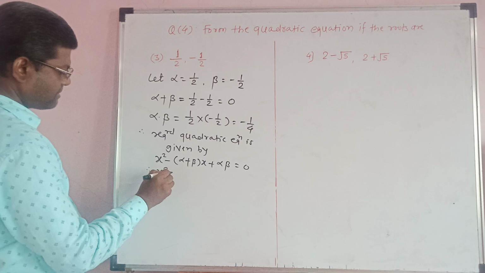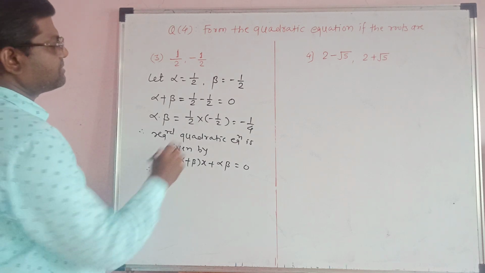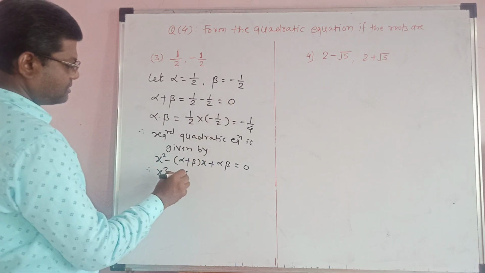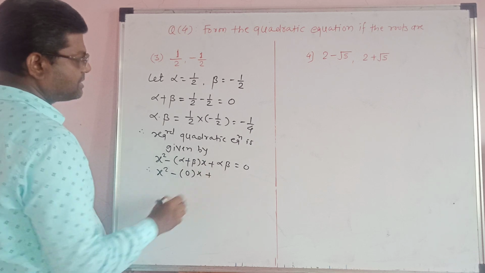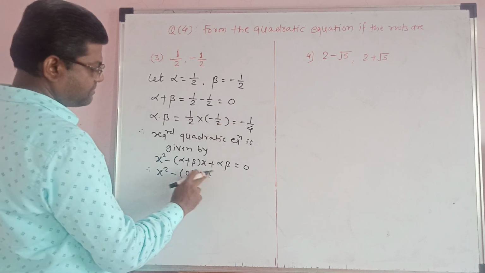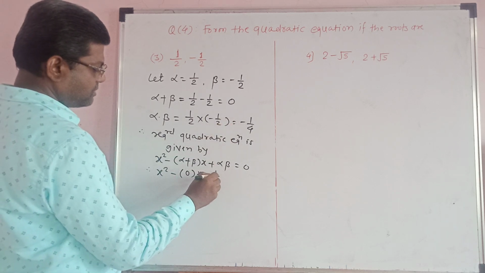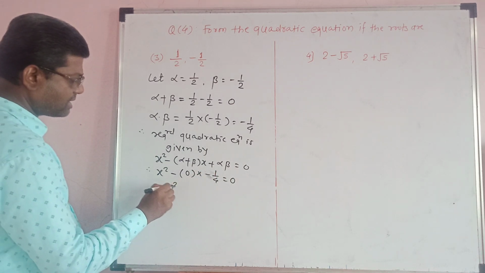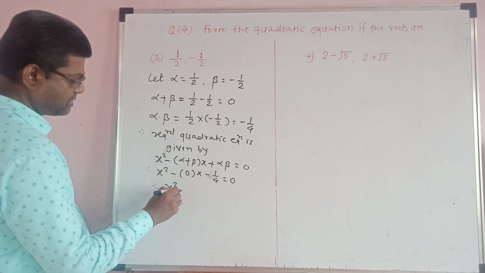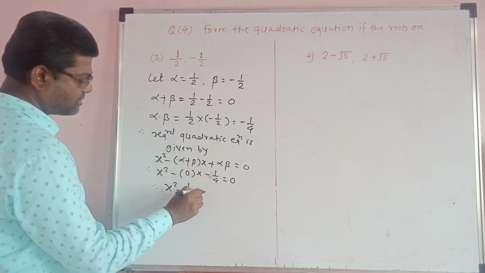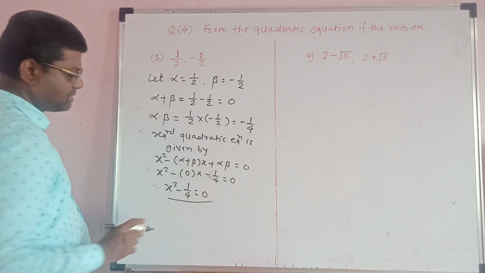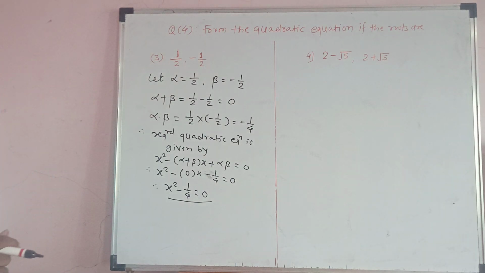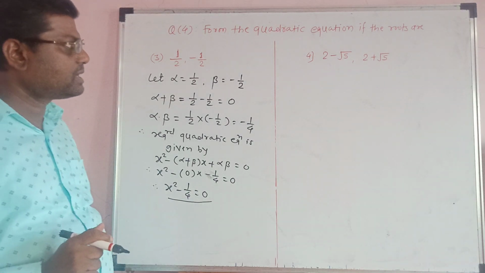Therefore x square minus 0 into x plus minus 1 upon 4 is equal to 0. Therefore x square minus 1 upon 4 is equal to 0 is the required quadratic equation.